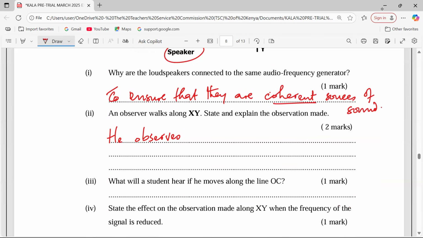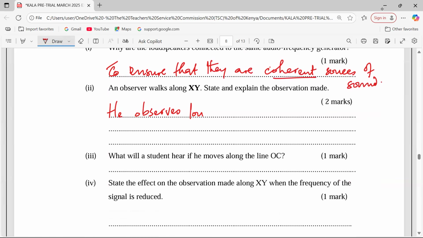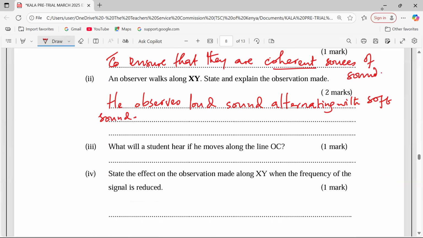So he observes loud sound alternating with soft sound. Then what else are we supposed to mention?